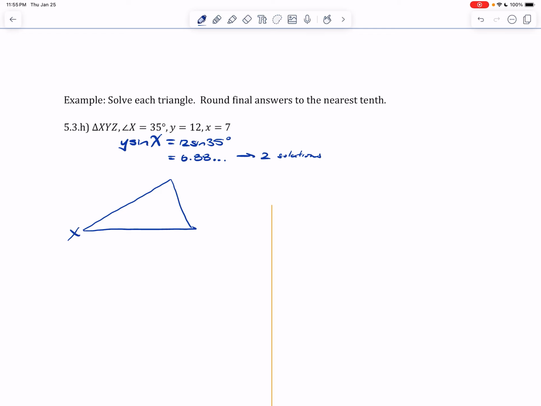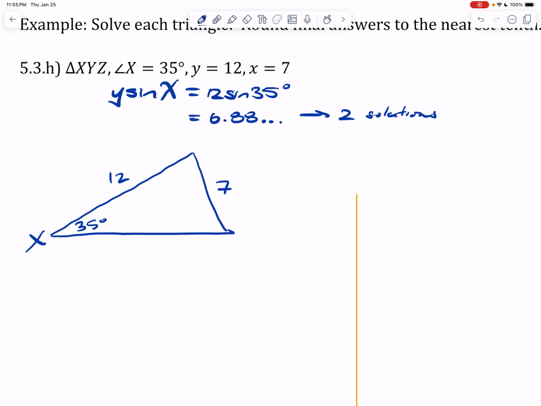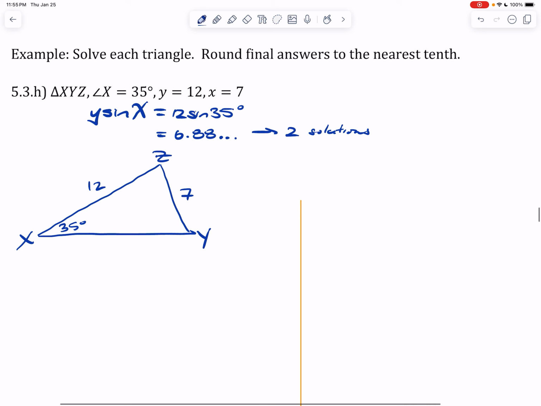That's this case where x is 35, the side opposite it is 7, and then I like to label the top left one as side y, meaning we've got angle y at the bottom and then angle z at the top. The other triangle is going to have an obtuse angle in it.